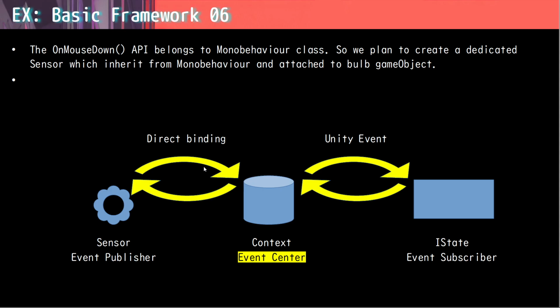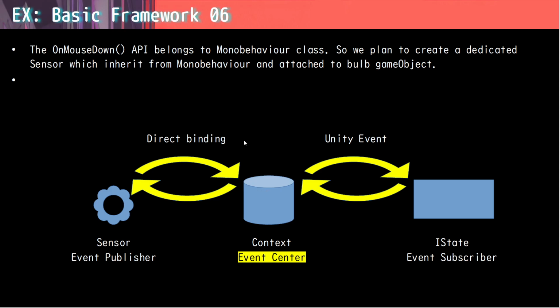If you can see, there are two mutual communications among these three different roles. These two roles are connecting together through direct binding, through direct method call. That means these two roles should know each other. They should keep the reference about who is the destination of the call.